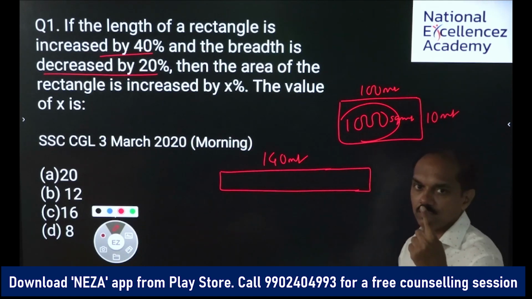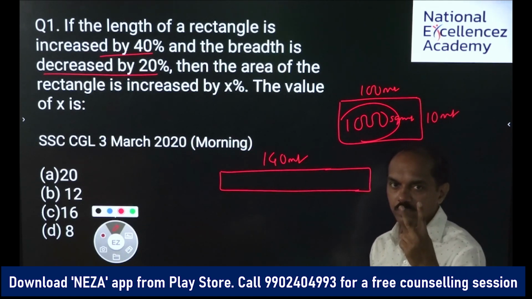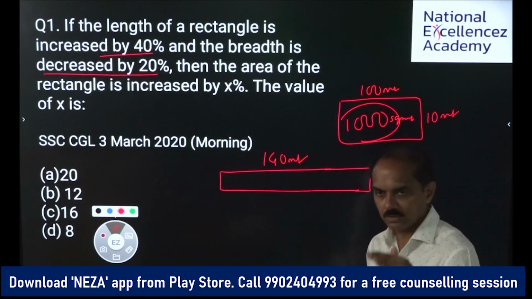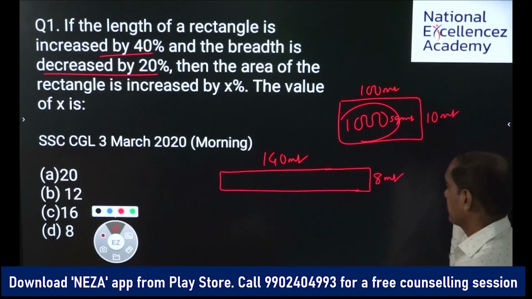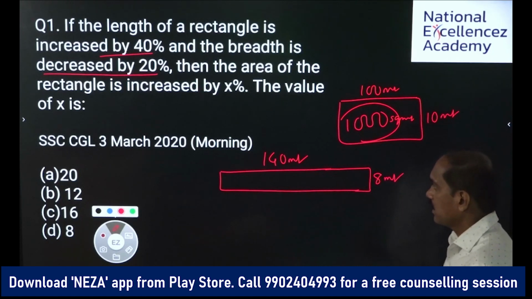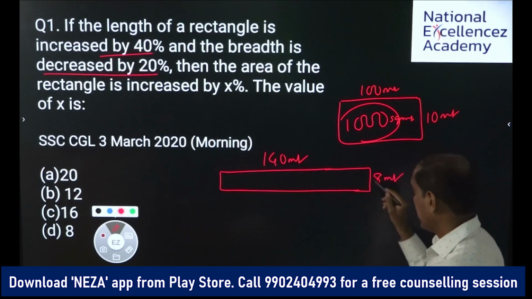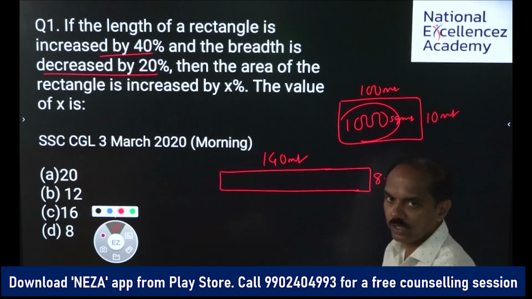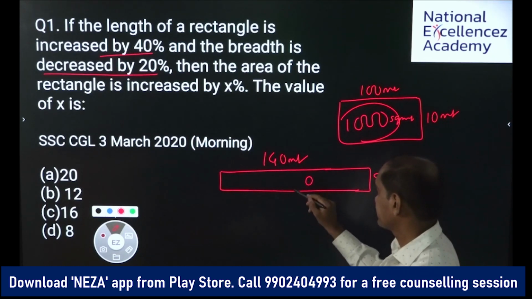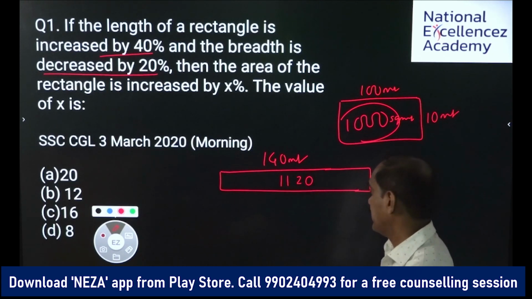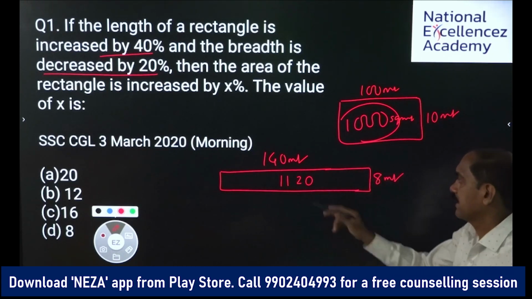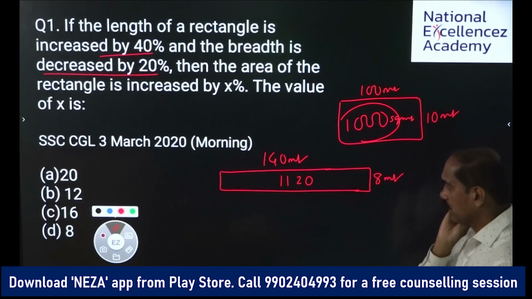10% means 1 meter. 20% means 2 meter. 20% decrease means 2 meter decrease. If it is decreased by 2 meter, it will become 8. Now again length into breadth. 14 into 8. 14 8s are 112, into that 0 as it is.